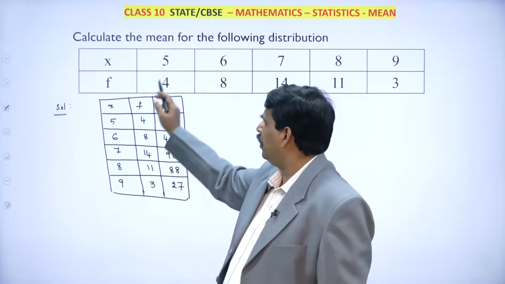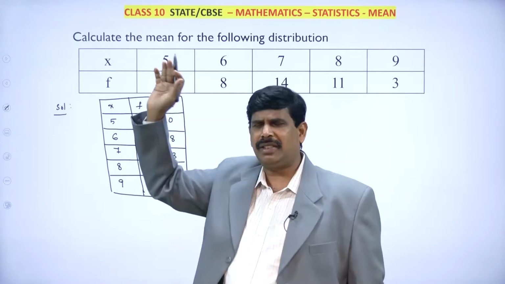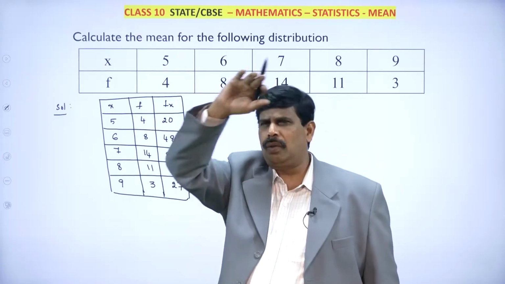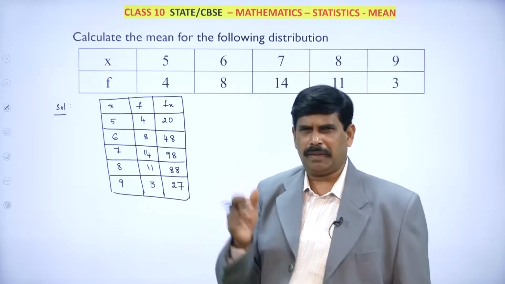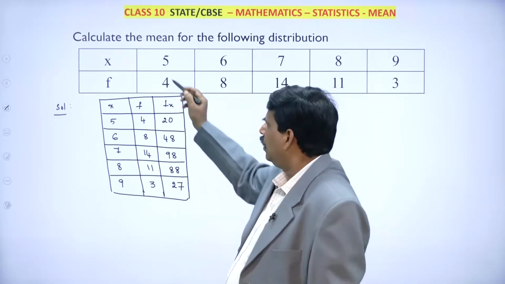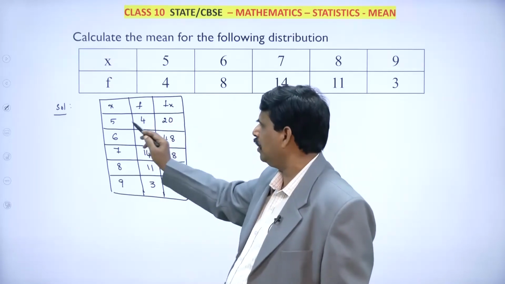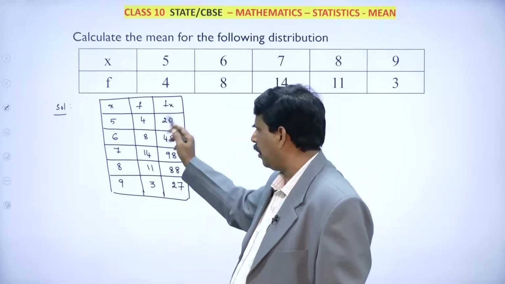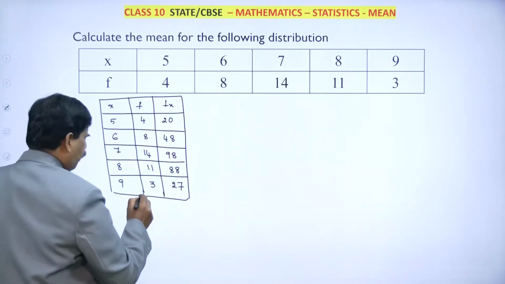So now 5, 6, 7, 8, 9, the values are given. Children, the first row is always x. The second row is frequency. So this is x, 5, 6, 7, 8, 9. We multiply now with the frequencies. 5 4s are 20, so we have multiplied like this. Now what you have to do, you add the frequencies first.